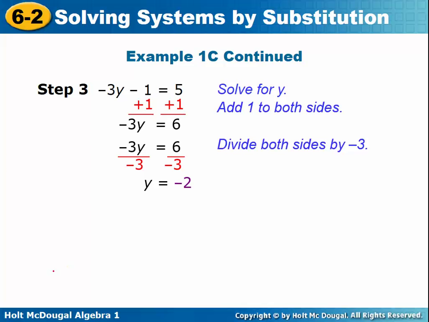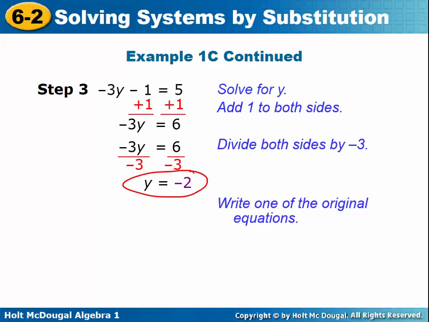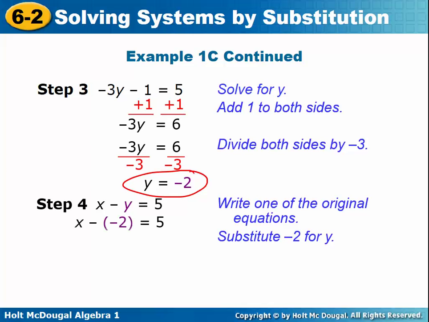So now we know what y is equal to. We still need to figure out what x is. So pick the easiest equation to find x, and one of our equations was just x minus y equals 5. In this equation, this is a little tricky because we're going to have a negative and another negative. So be careful here. We'd have x minus a negative 2 equals 5.